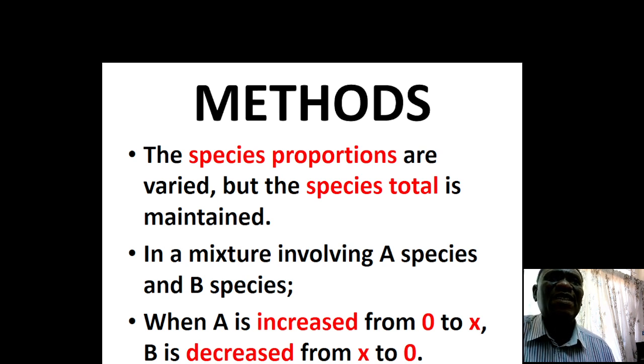In a mixture involving A species and B species, you can vary A from 0 to any other density, which could be X, whilst you are increasing the density of A, you should be decreasing the density of B from X to 0, or just vice versa. I will show you the actual treatments.